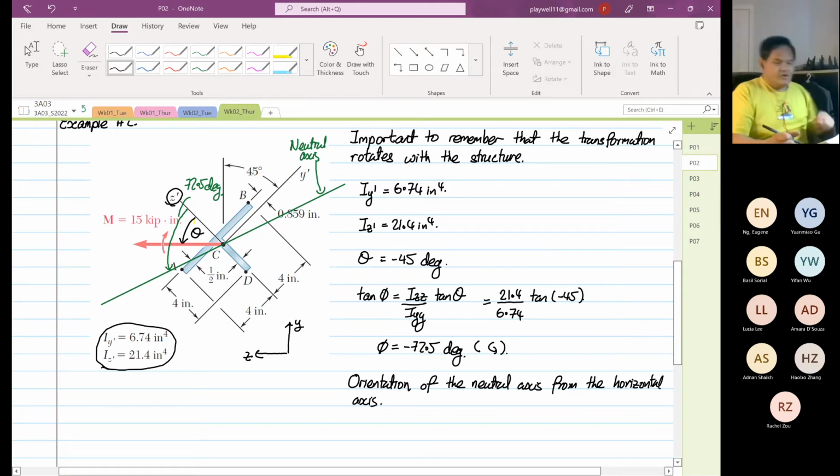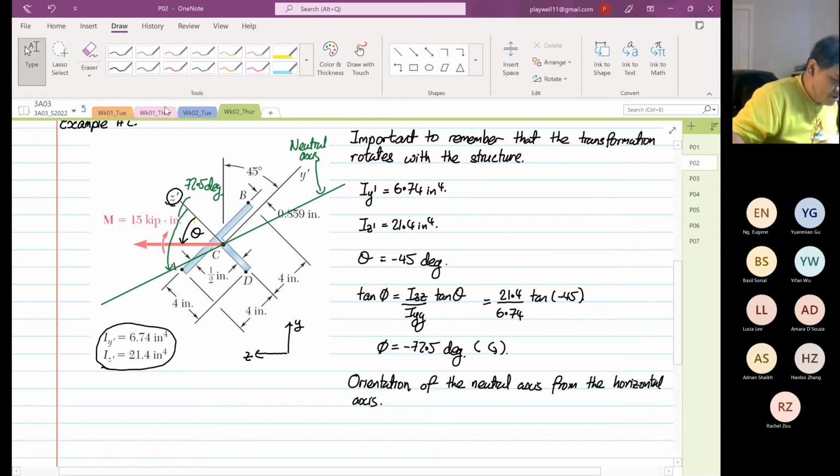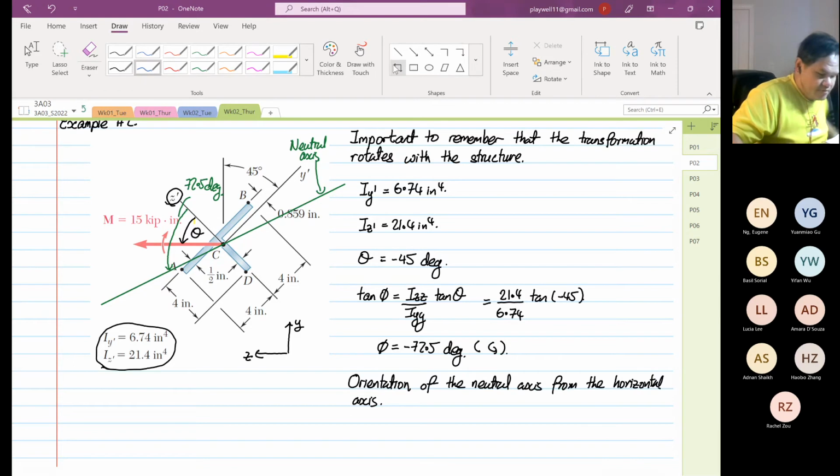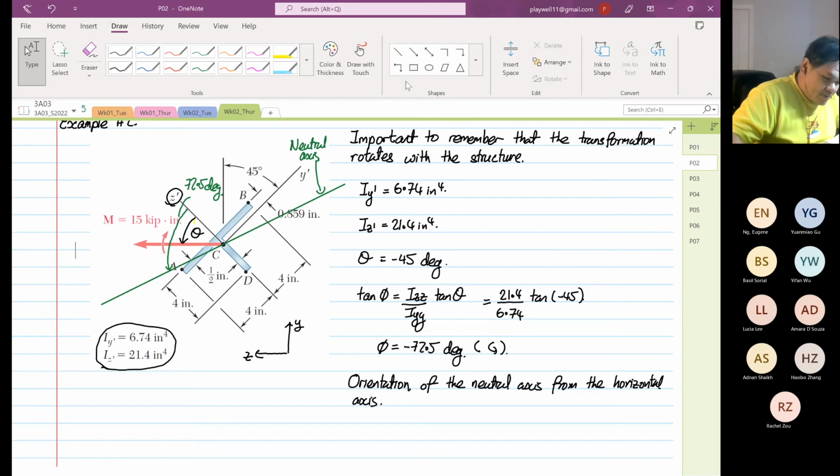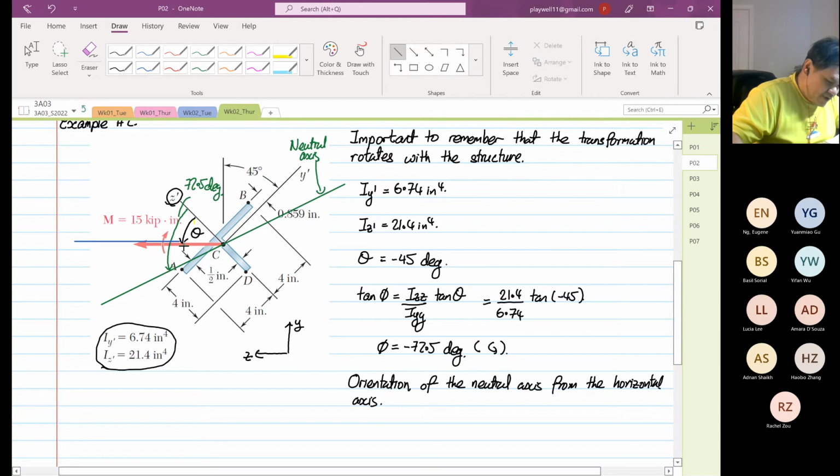Okay, so from the horizontal axis is not 72.5. So let me sketch out where the orientation of the horizontal axis. So this is known as the horizontal axis.